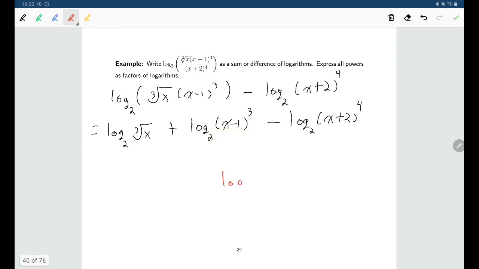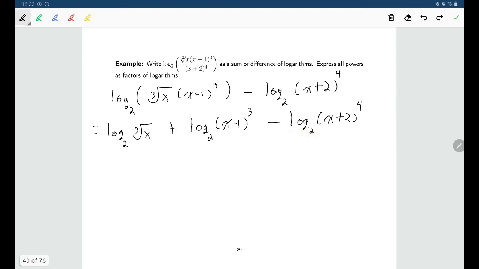If I wanted to have an entire logarithm being cubed, then I would need brackets around the logarithm with the cube outside. That would be a logarithm that's being cubed. However, for what I've got here, it's not that the logarithm is being cubed, it's that x minus 1 is being cubed. And similarly here, it's x plus 2 that's being raised to the power of 4, not that logarithm.